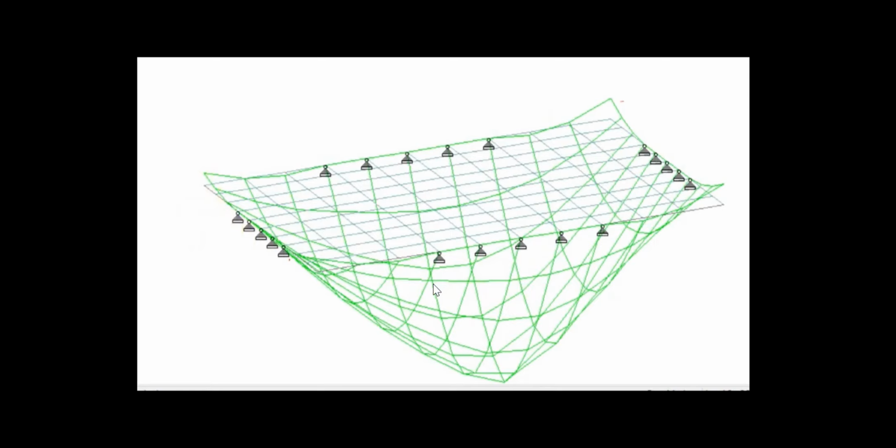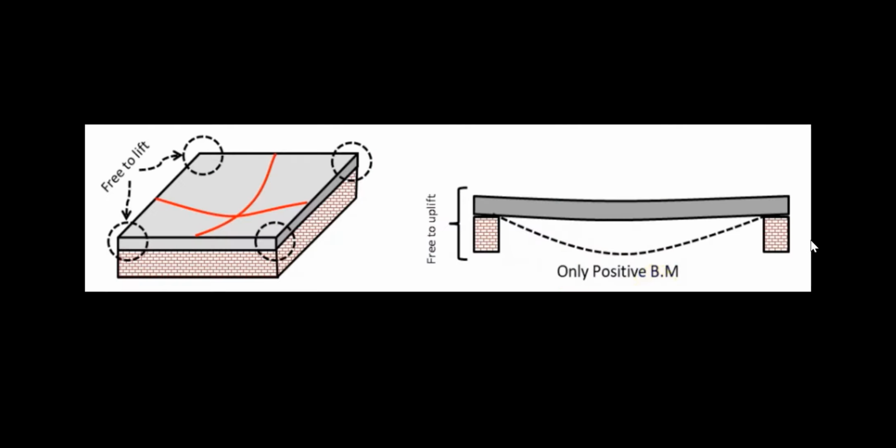Such slabs are called unrestrained slabs. There is no provision for providing any torsional reinforcement. That is, we will not provide any reinforcement. So you can see here it's free to lift. In such slabs, there will not be any negative moment produced because it's free to lift. So only positive bending moment will take place in this case.